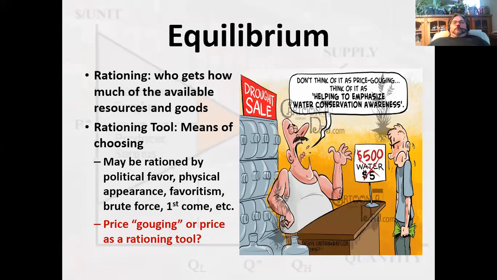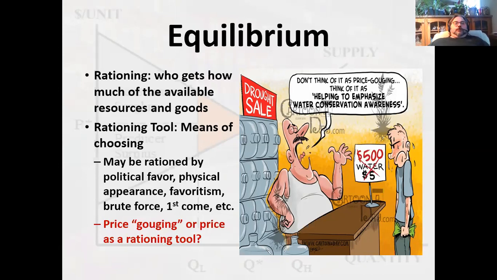It could be based on favoritism. It could be based on brute force. One set of producers trying to drive another set of producers out of business, or one set of producers trying to corner a market to basically get 100% of the demand on their side. Rationing might be based on what's called a first come, first serve basis, where the first person through the door has the willingness and ability to buy 100% of the quantity supplied.